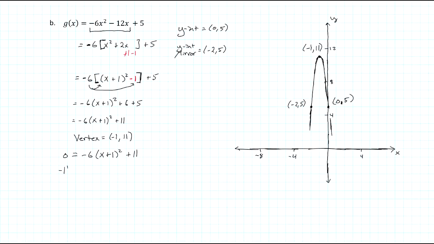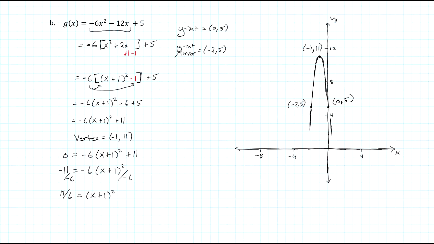Subtract 11 over. -11 equals -6 times (x plus 1) squared. And then divide both sides by -6 to get 11 over 6 equals (x plus 1) squared.